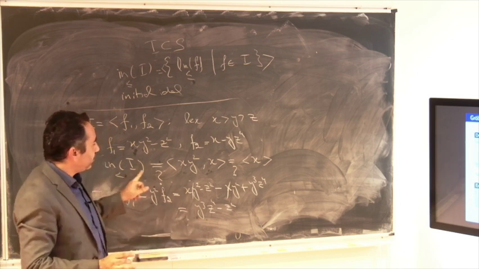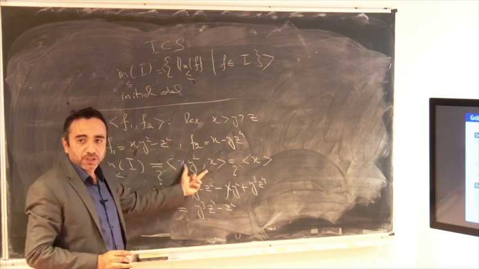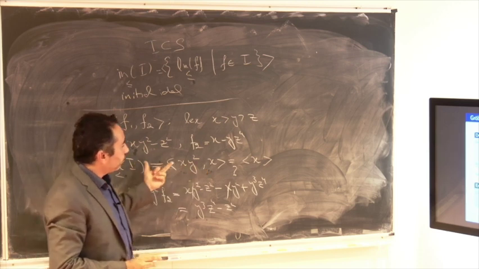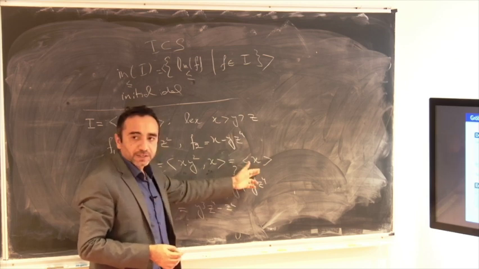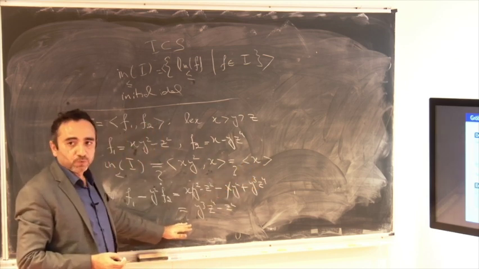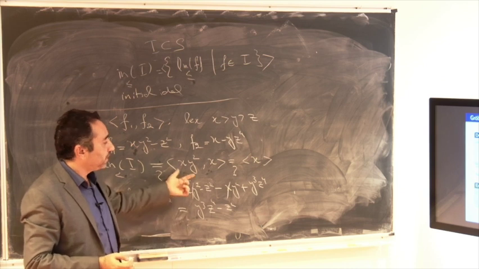On the other hand, when we selected only the generators of I, we thought that maybe the initial ideal is generated by x. So this is a counterexample showing that we cannot choose only the generators.